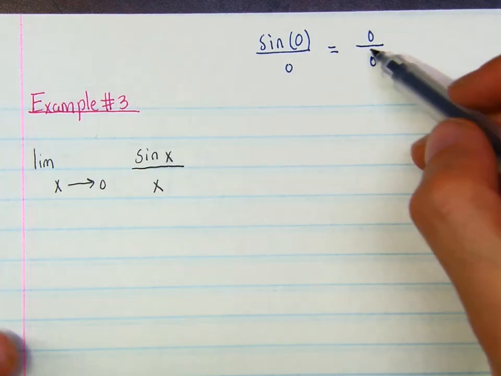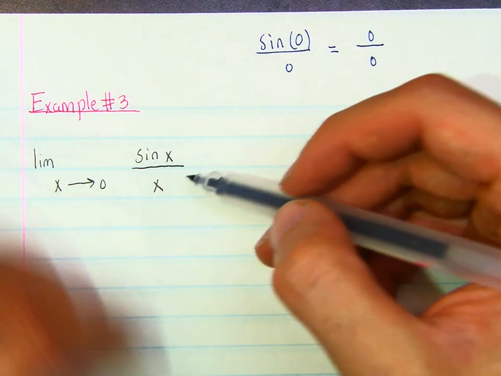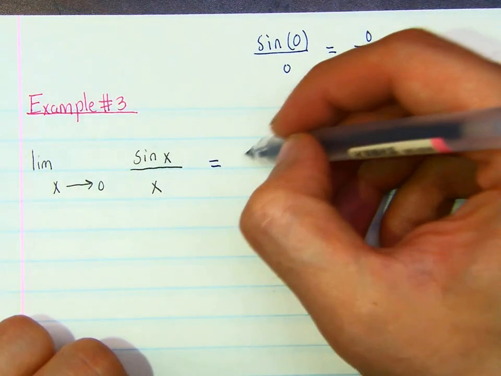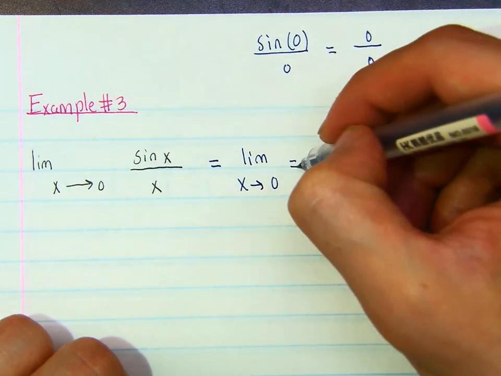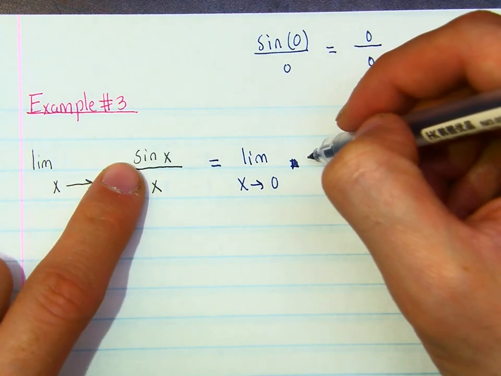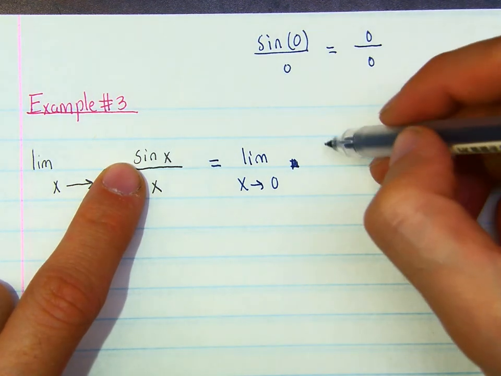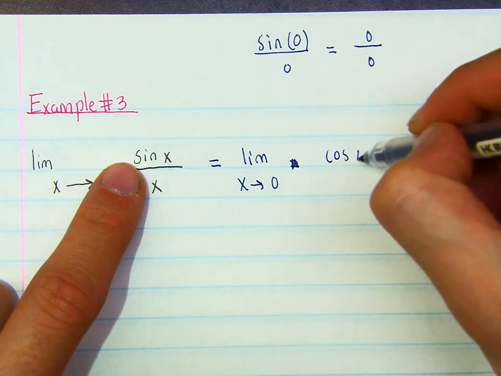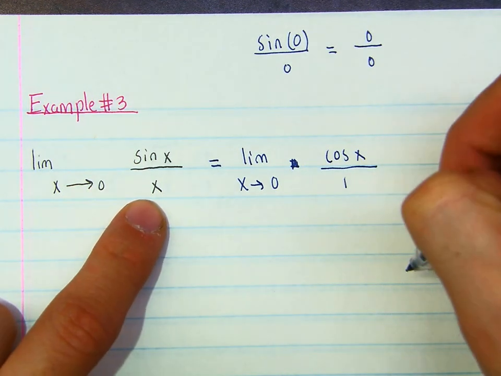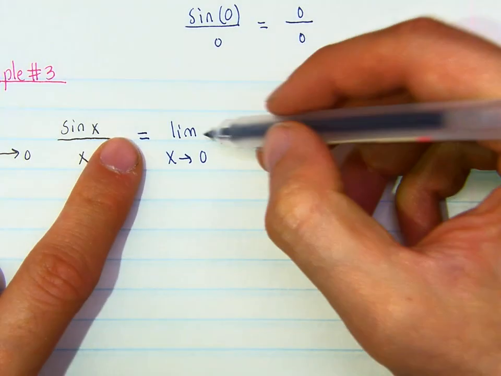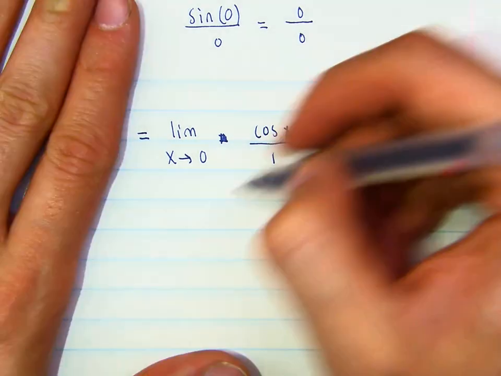So now we're allowed to use L'Hopital's rule to take the derivative of the top and the bottom. So this is equal to the limit as x approaches 0. Now what is the derivative of sine of x? Pause the video, don't wait for me to do it. It's cosine of x, right? And what's the derivative of x? 1. So now you have the limit as x approaches 0 of cosine of x over 1.